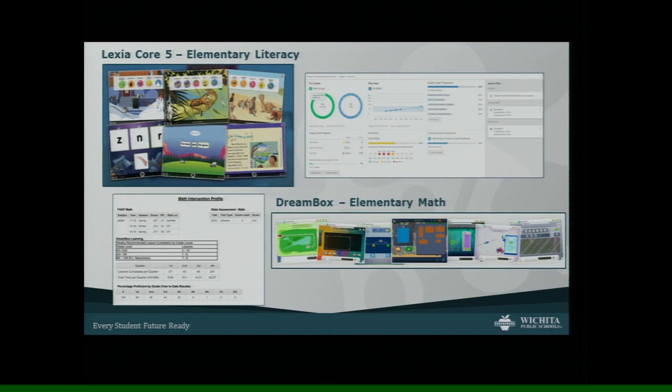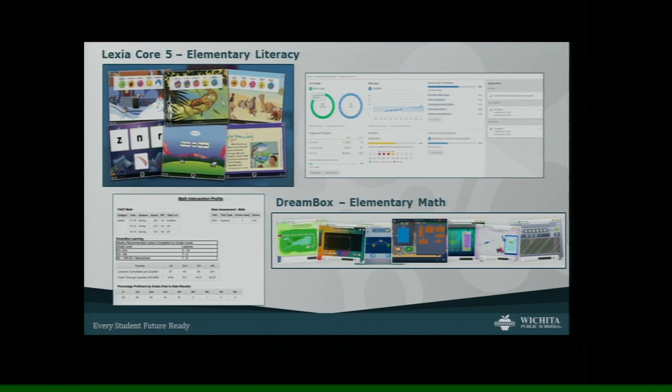Some of our curriculum also has built-in assessments in order to monitor how students are performing according to the standards and skills they are working on within the program. And so here is a couple of screenshots of Lexia Core 5 and Dreambox Learning, which are two types of personalized learning that we have in the district.